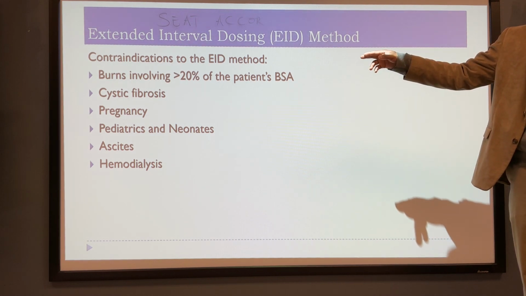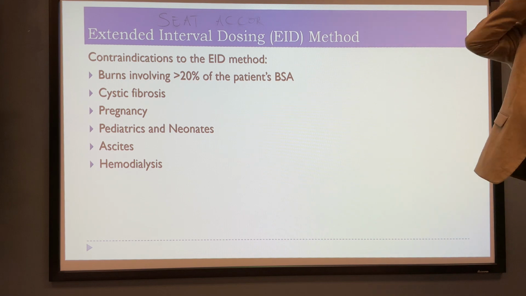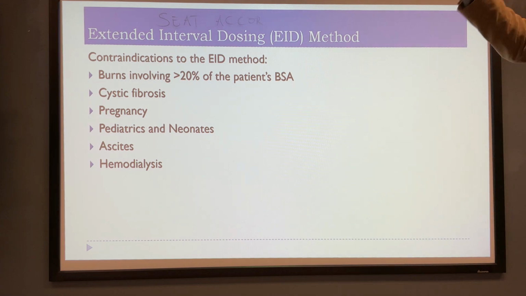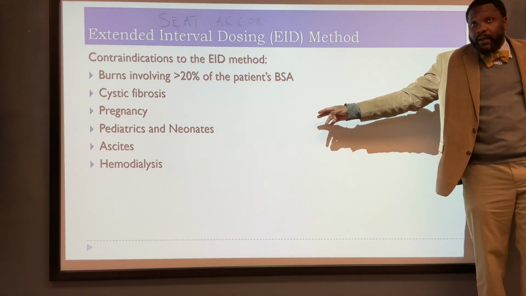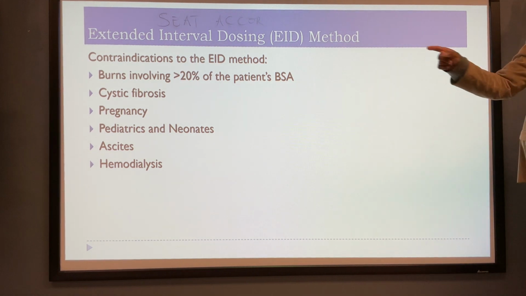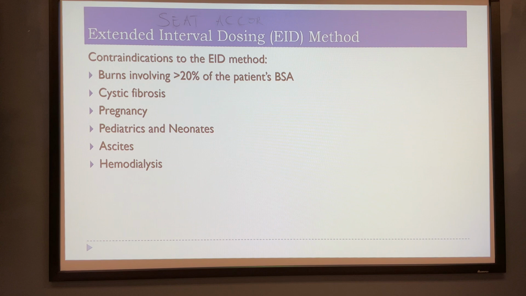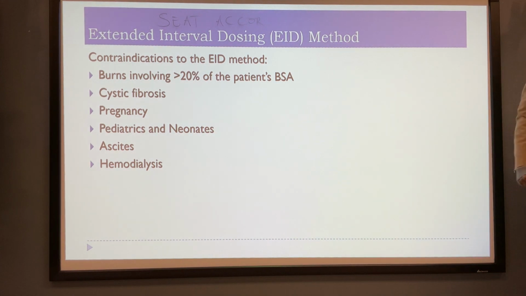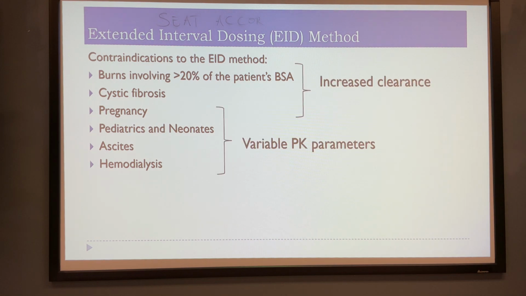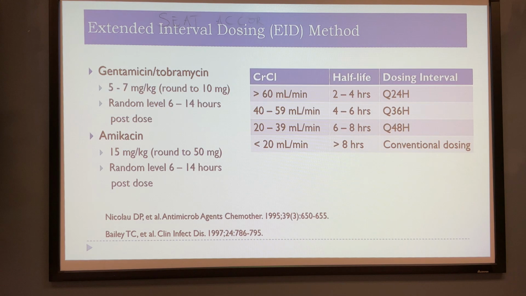Y'all talked about that at all? Fluid in the abdomen. Fluid, yeah. So third spacing. So now you have increased fluid, extravascular fluid. So that's going to make your kinetics less predictable as well, and hemodialysis patients as well. So we don't use it in those particular cases because of increased clearance and variable PK parameters.